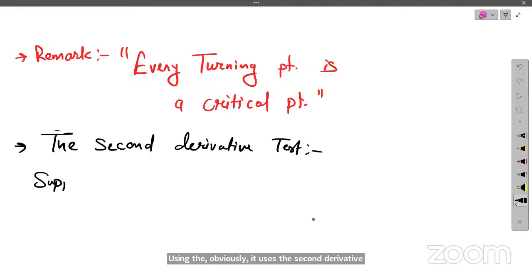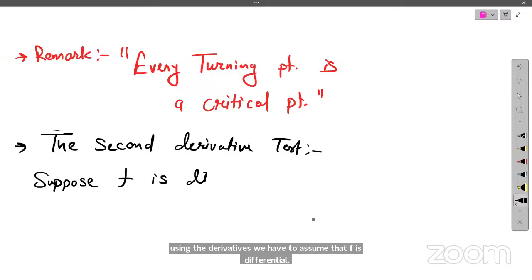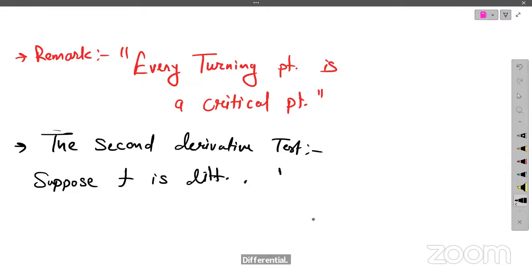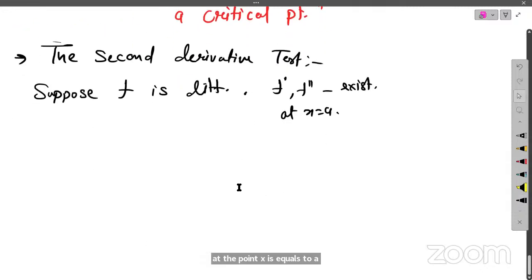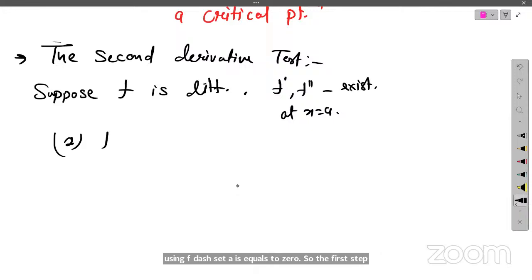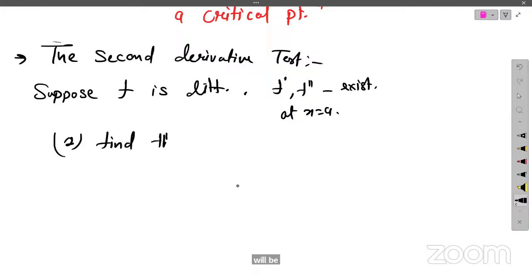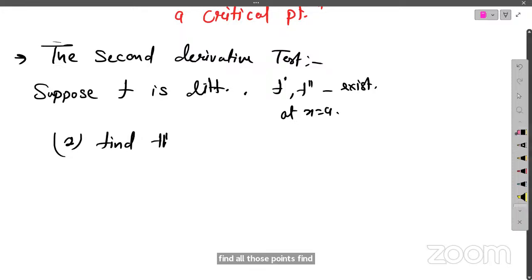Since we are using derivatives, we have to assume that f is differentiable, and that f dash and f double dash both exist at the point x equals a. Then first we get the critical points by using f dash at a equals 0. So the first step is to find all the critical points.